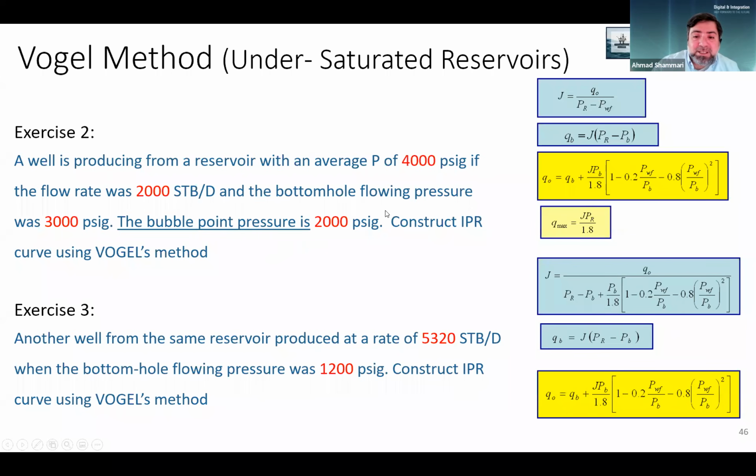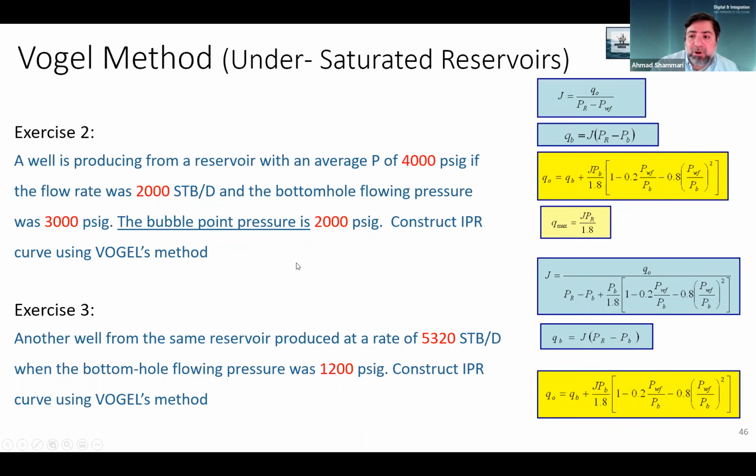Now, as you can see here, the reservoir pressure is above the bubble point, which means we must construct two portions, or two parts, of the IPR curve. Remember, this is the flowing bottom pressure, this is the flow rate.